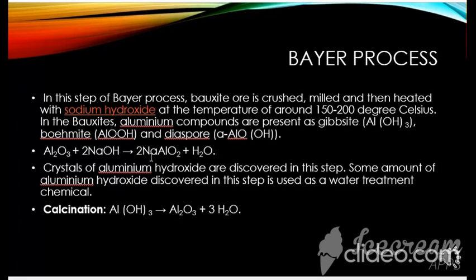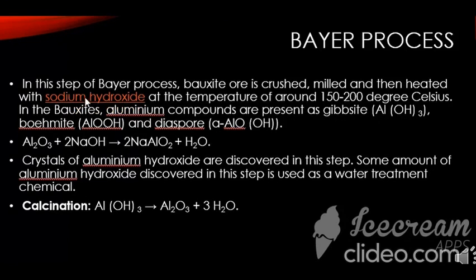So aluminium oxide with sodium hydroxide forms sodium aluminate. When you wash the sodium aluminate, what happens? Sodium aluminate converts back into sodium hydroxide, and a white precipitate of aluminium trihydroxide settles down.